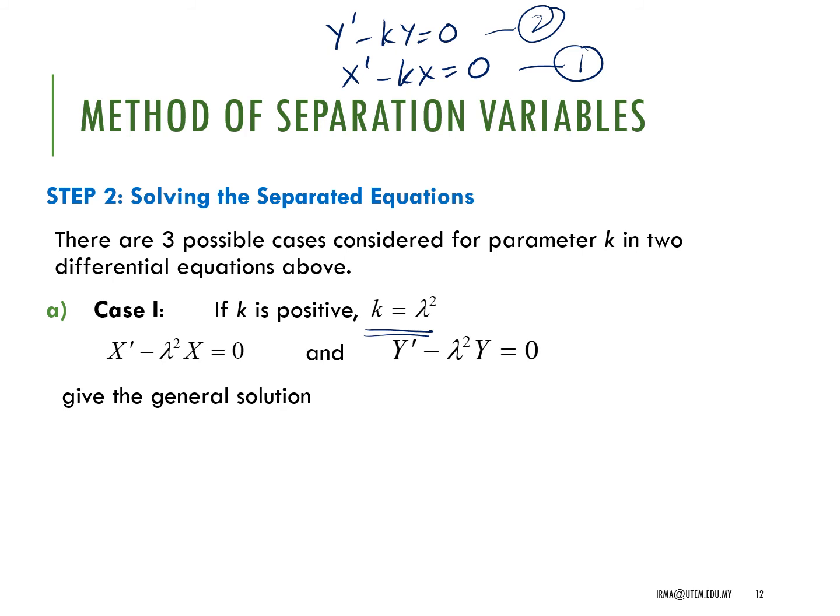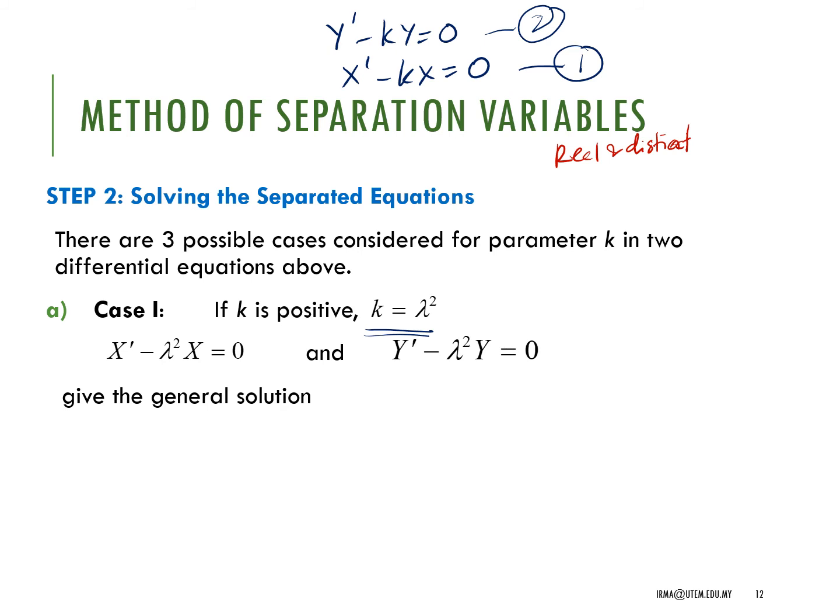If you still remember table 2.1, you have three possible cases: if the roots are real and distinct, real but repeated, and also complex conjugate. So you have three different cases, right? It actually depends on the root.